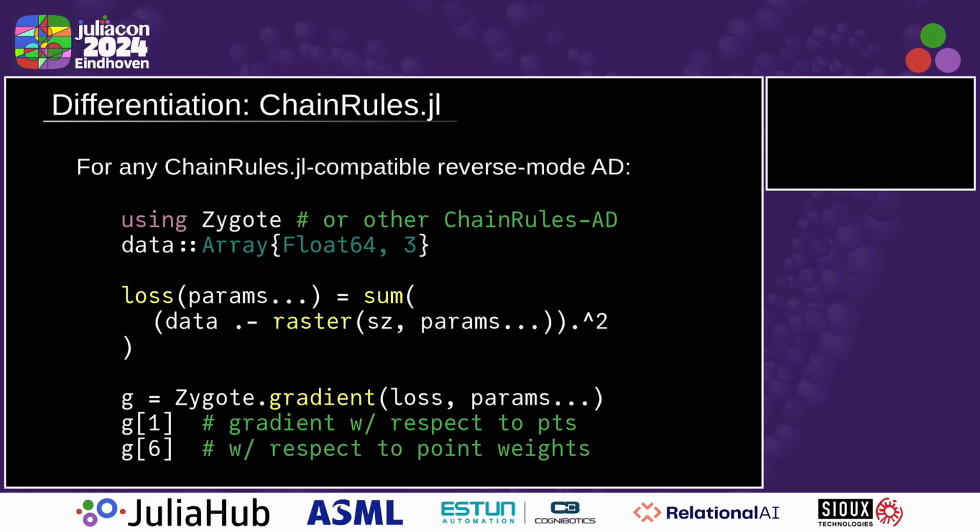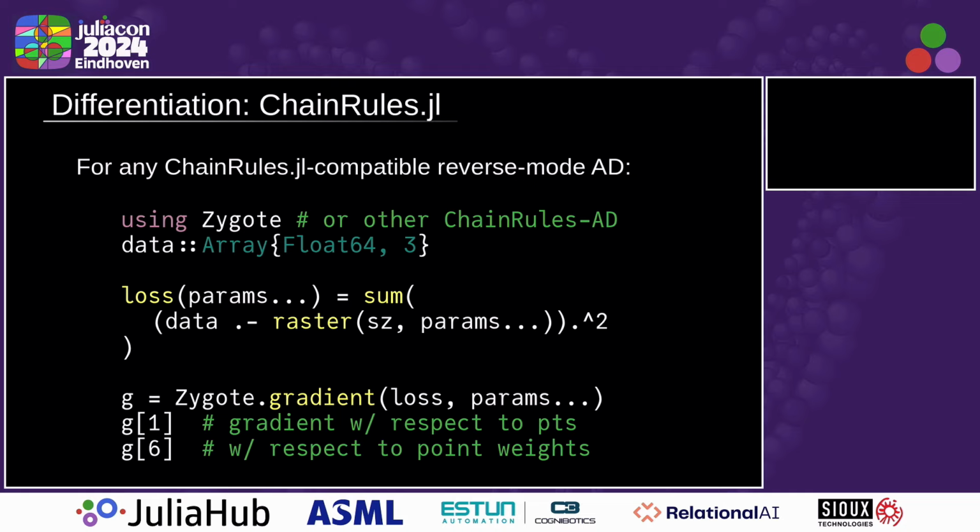So if you use a chain rules compatible automatic differentiation library, you don't worry about this at all. It just works. So you just use the raster function in your forward pass, as shown in this very simple example, which has a quadratic loss that uses the raster function in the forward pass. And then the reverse diff rules that are included in this package take care of the rest.